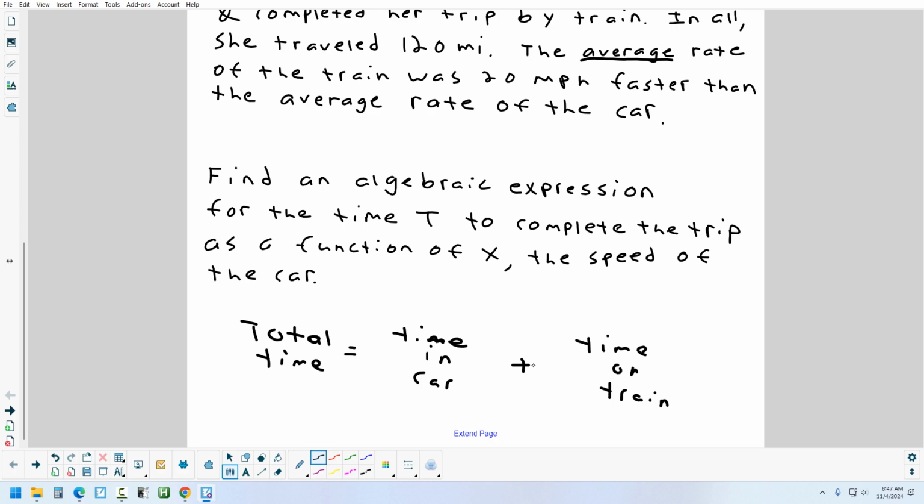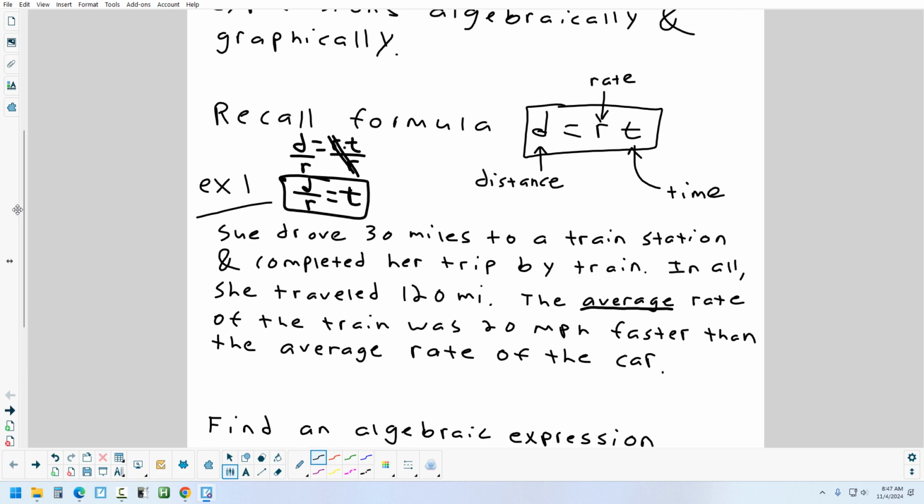Now we have to start putting in some symbols and figuring stuff out. They didn't tell us the amount of time she spends in the car, but we have a way to figure it out: take how far she drove in the car and divide by the speed of the car. If we divide those two things, we'll have the time in the car. What is the distance that she traveled by car? 30 miles.